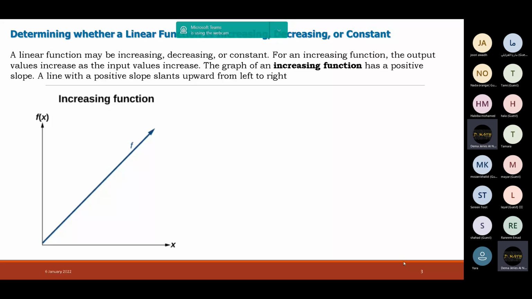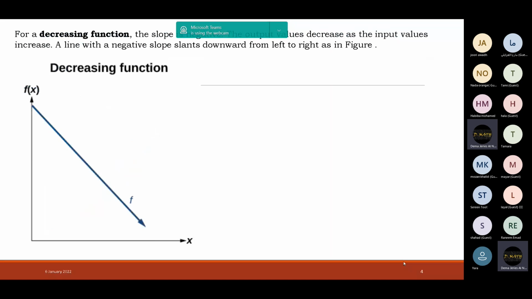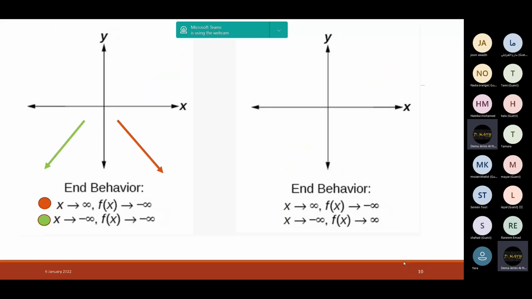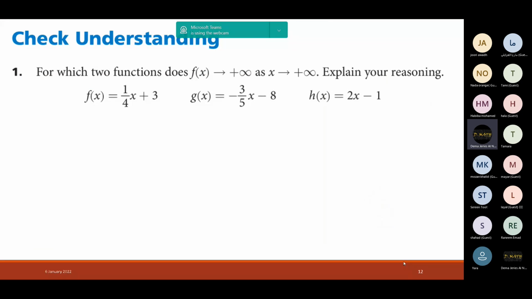These are the characteristics used to explain something. And in order to explain a function, you must talk about whether it's increasing or decreasing, its end behavior, its domain and range, its y-intercept, its 0, its maximum and minimum. So you will explain it according to these characteristics. Here we talked about the end behavior, as you remember.